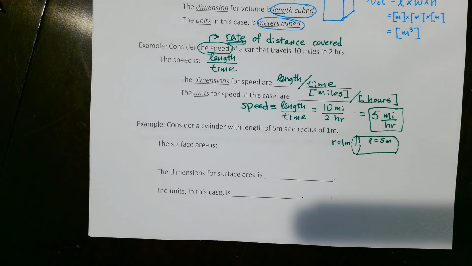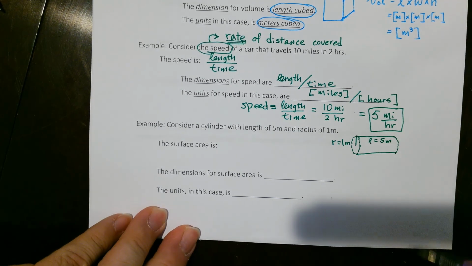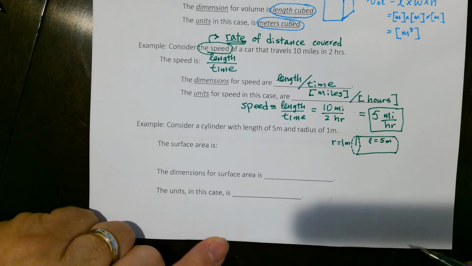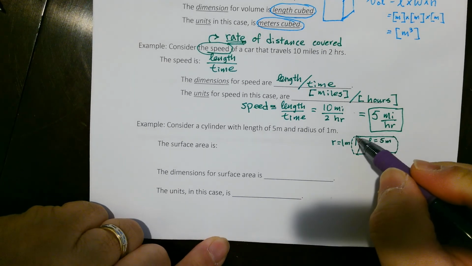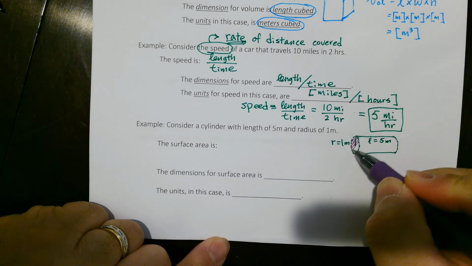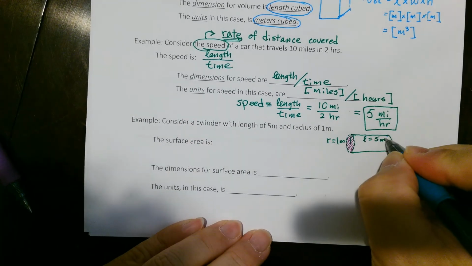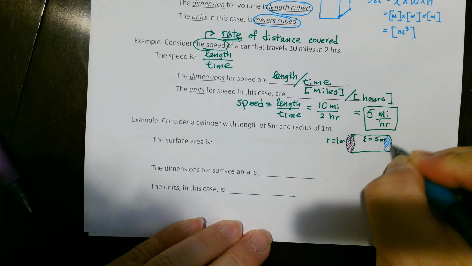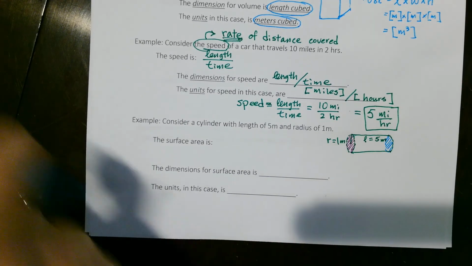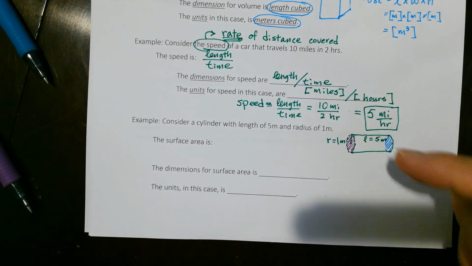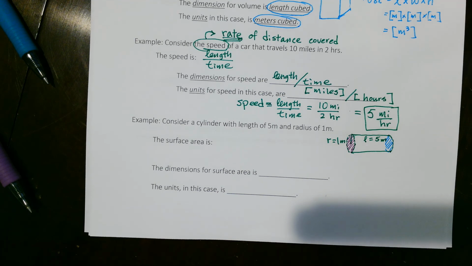The surface area of a cylinder, if you were to think about a can, has a top lid and it also has a bottom lid and the cylindrical tube as well.